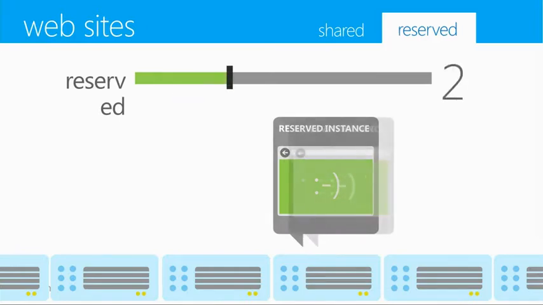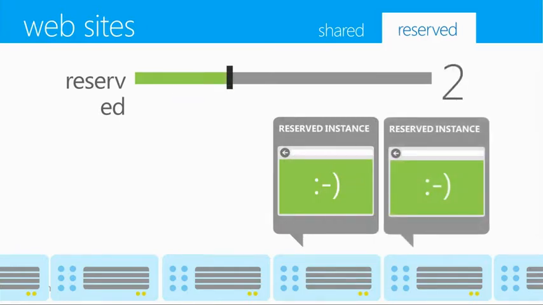You can also run multiple reserved instances of your site on Windows Azure websites. And again, it's limited right now to 3 servers in the preview, but eventually you'll be able to scale quite a bit more and go much higher than that to actually support extremely large deployments.